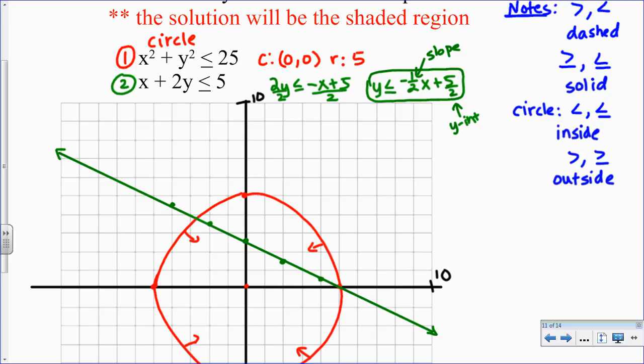Okay, shading with lines. If it's less than or equal to, you shade below the y-intercept, so the side of the line that's below the y-intercept. If it's greater than or equal to, you shade on the side of the line that's above the y-intercept.